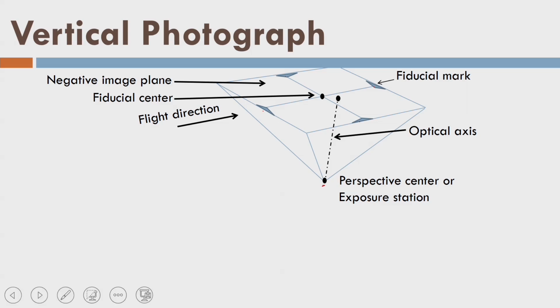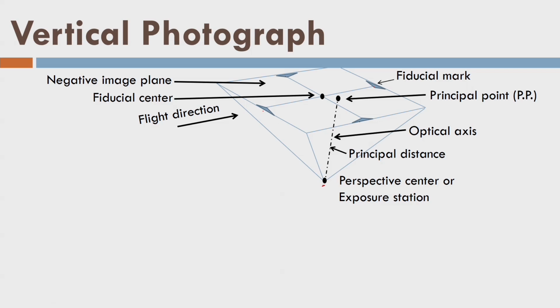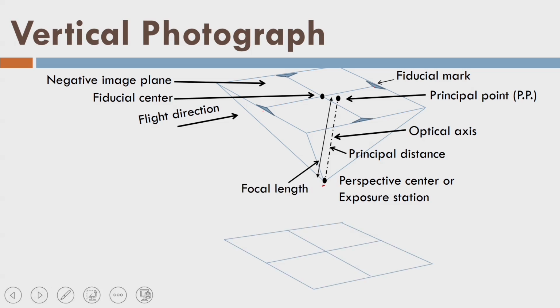This is the point where the negative image plane and the optical axis intersect. It is called the principal point, or sometimes written PP. Next is the principal distance, that is the distance between the principal point and the exposure station along the optical axis, and that is the focal length. Now, that is the positive image plane, which is just shown here.